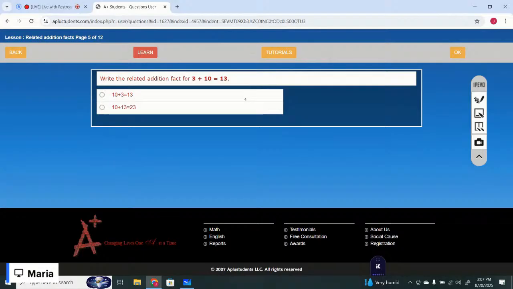Write the related addition fact for 3 plus 10 equals 13. That would be 10 plus 3 is 13. Option number 1 is the correct option.